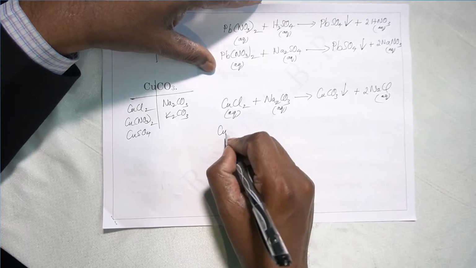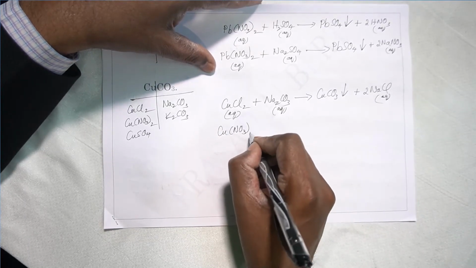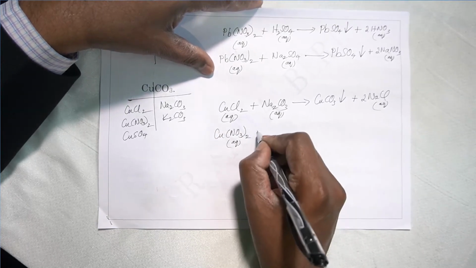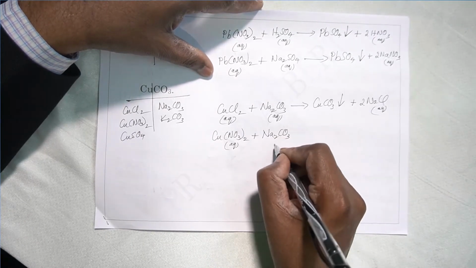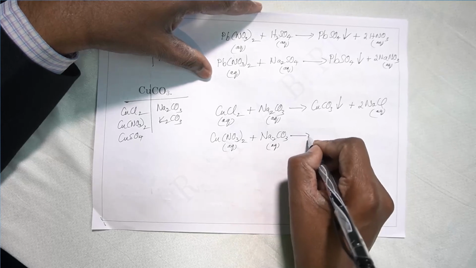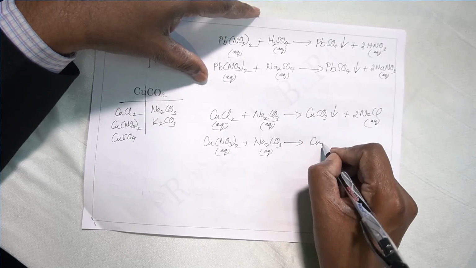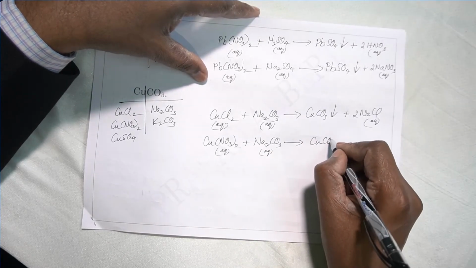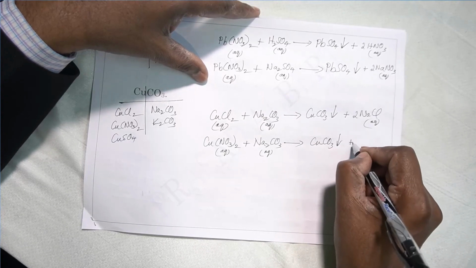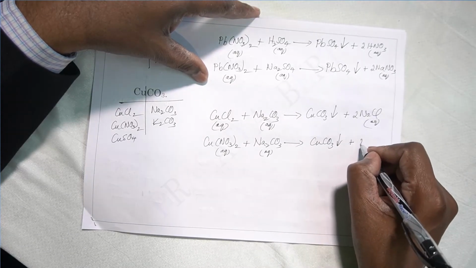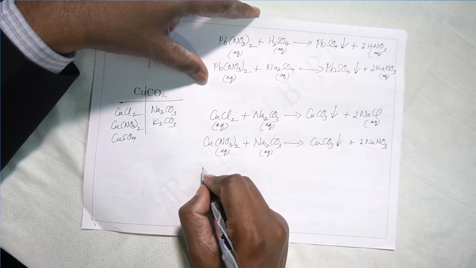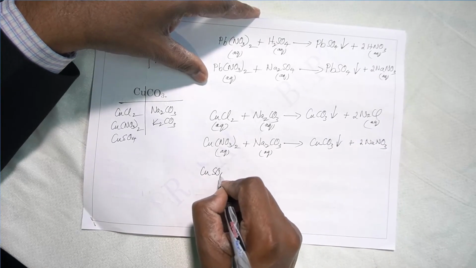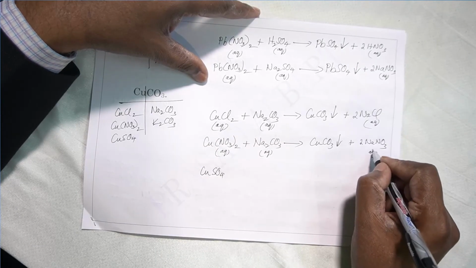Now second one, Cu(NO3)2, copper nitrate aqueous plus Na2CO3 aqueous will give CuCO3 insoluble salt plus 2 NaNO3, which is aqueous.